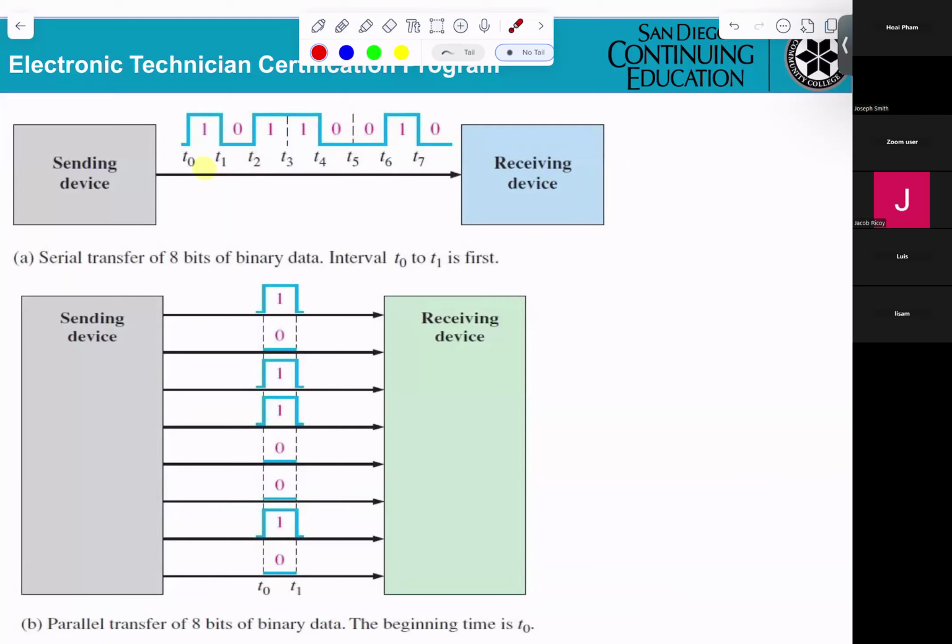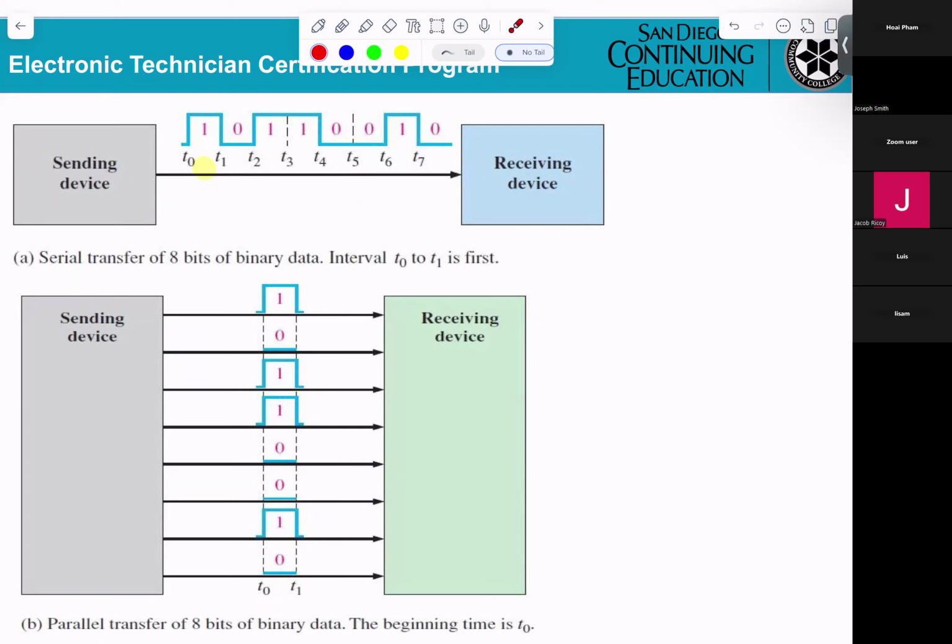Before we talk about serial, now I'm talking about parallel.